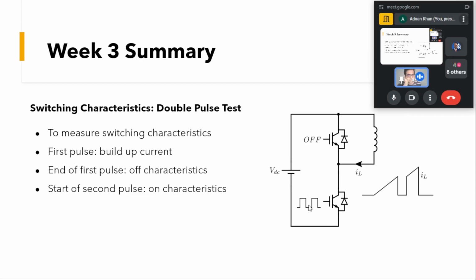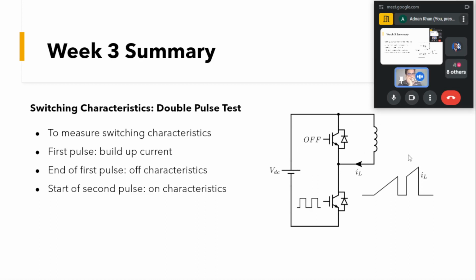So now if you can see, when the top device is off and we give a pulse to the bottom device, when this bottom device is turned on and we give it the first pulse, this VDC voltage will come across this inductor.